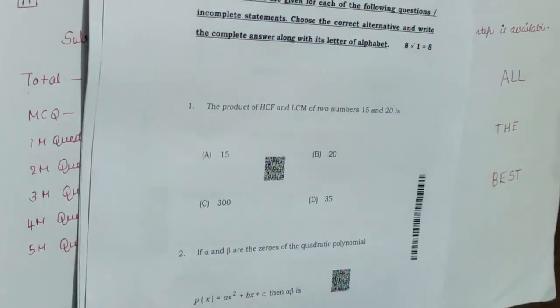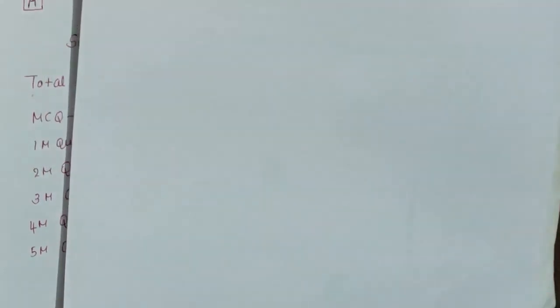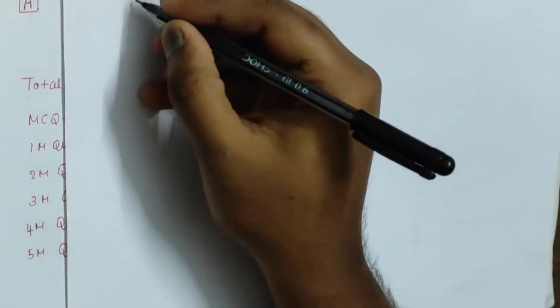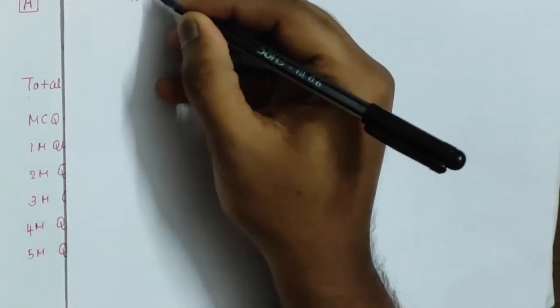In this MCQ, the first question is the product of HCF and LCM of two numbers 15 and 20.